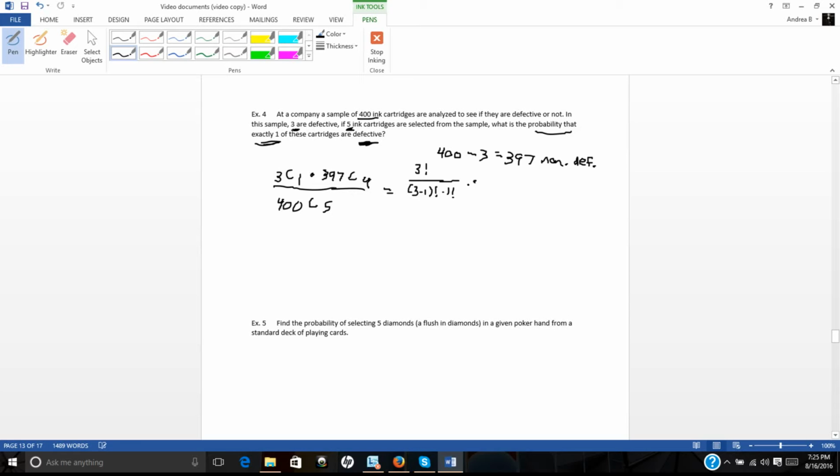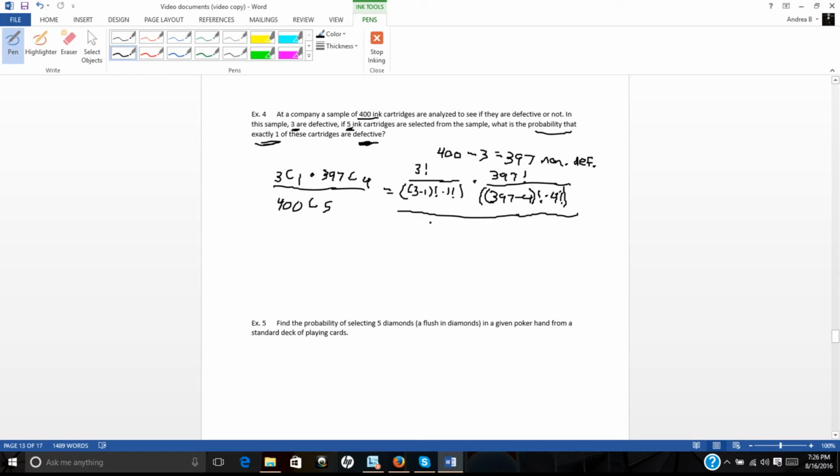For the second one, we'd have 397 factorial over (397 minus 4) factorial times 4 factorial. If it's helpful, you can group these denominators all together. All of that has to be done before you divide it with the numerator. All of that is in the top part of this fraction, since we're dealing with a probability here.